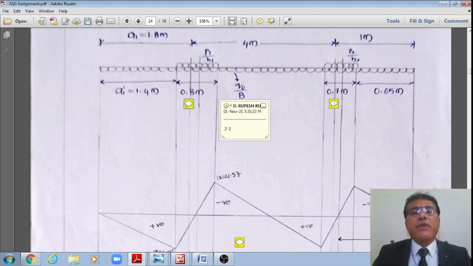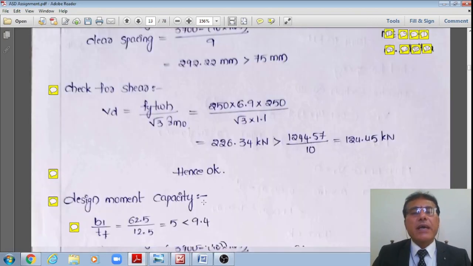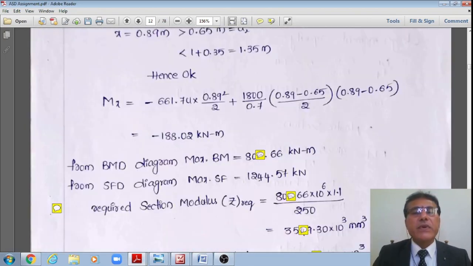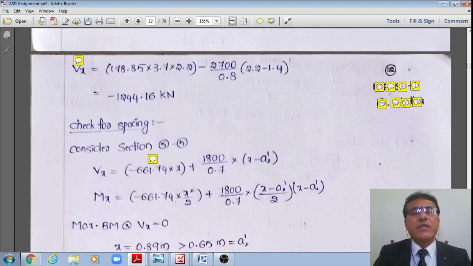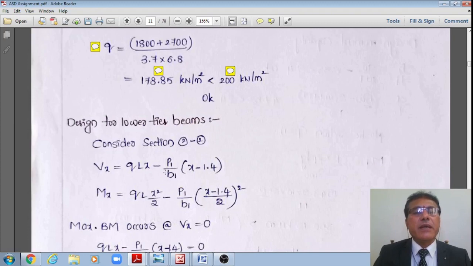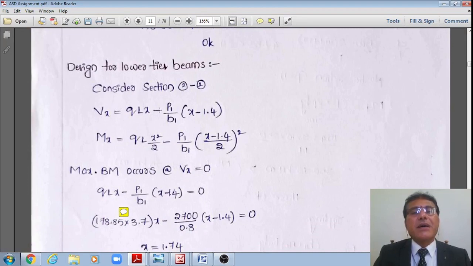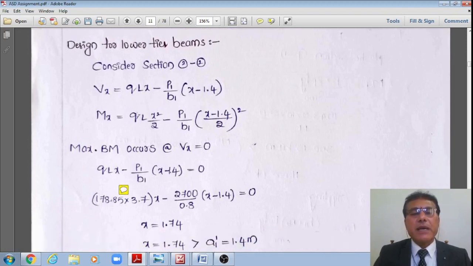Anyway, if I consider a section here 2-2, then now I'll write a generalized equation. Therefore the shear force at that section is Vx equal to QLx minus P1 by B1 times x minus 1.4, from the schematic I have shown.